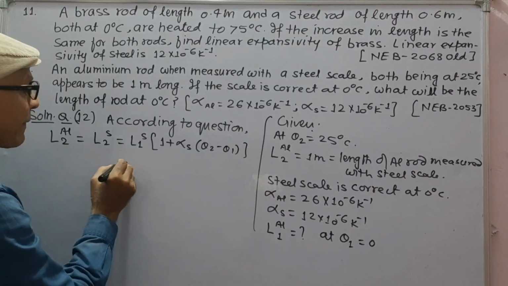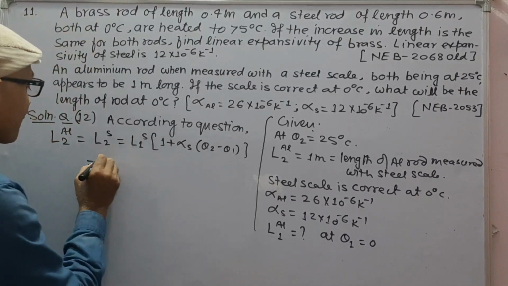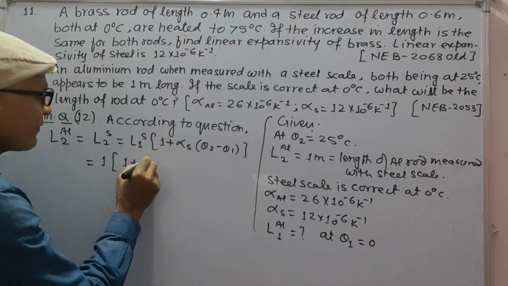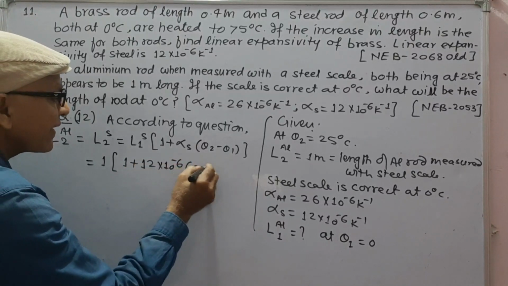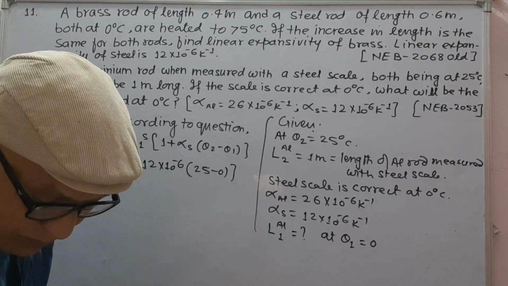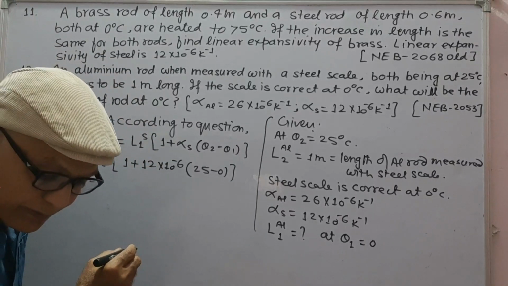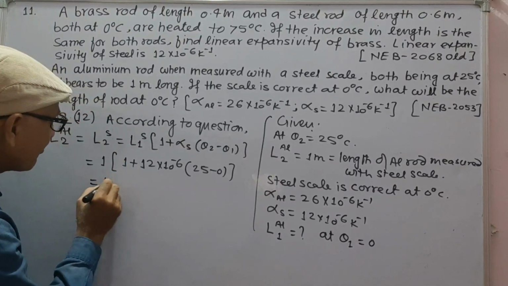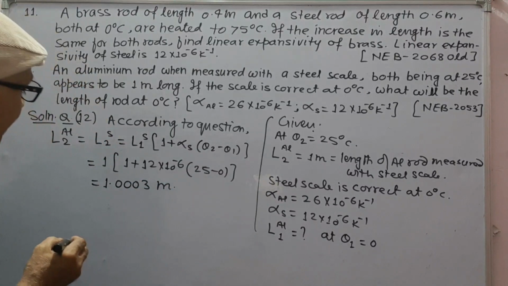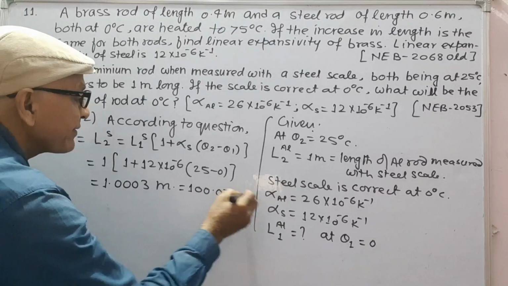This will be equal to 1 meter into 1 plus 12 into 10 to minus 6 into 25 minus 0, which gives 1.0003 meter, or 100.03 centimeter.